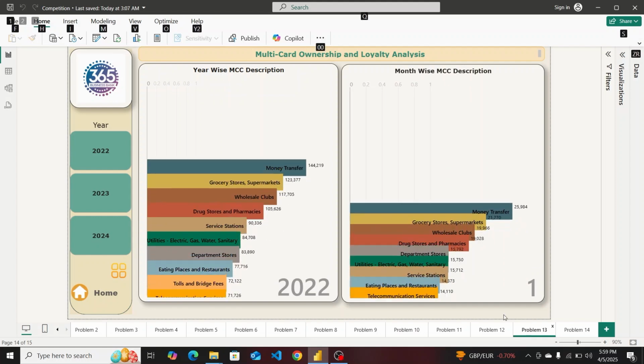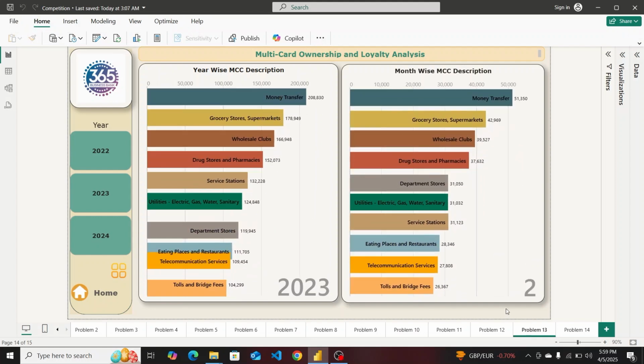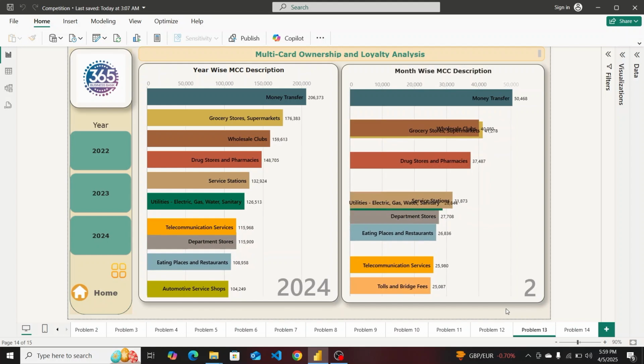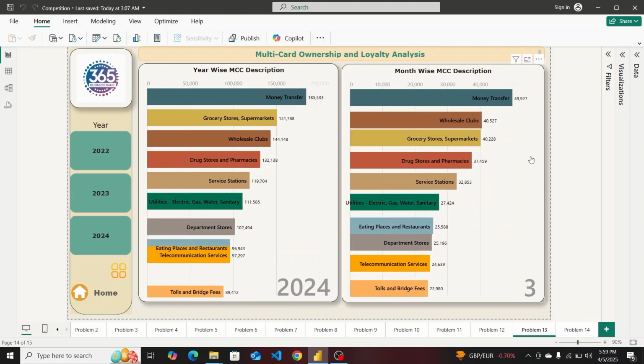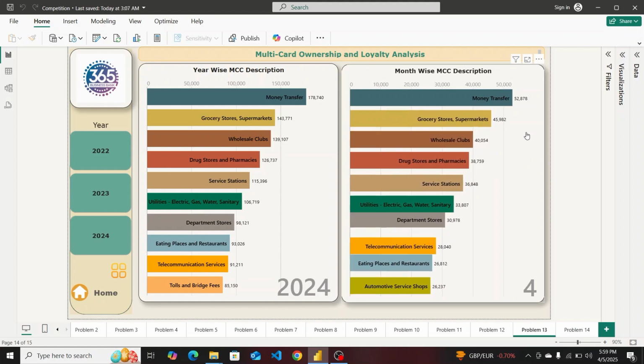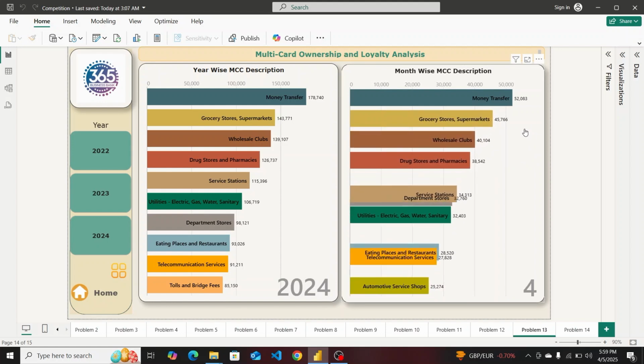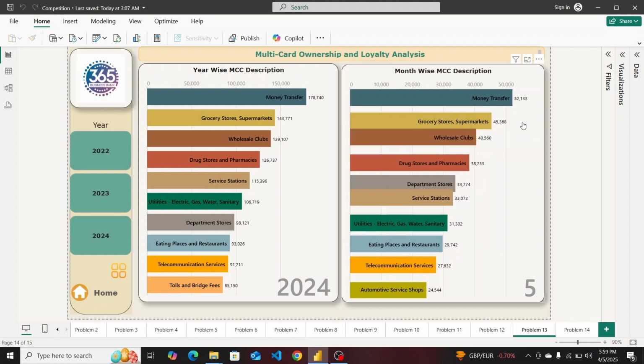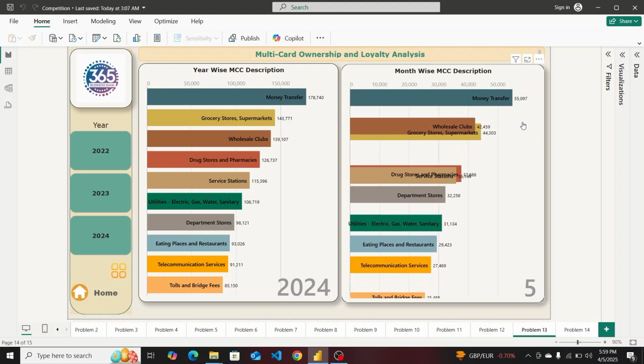So this is problem 13, multi-card ownership and loyalty analysis, in which I have a bar chart race month-wise and year-wise for each category, in which we can analyze that the volume for money transfer is the most.